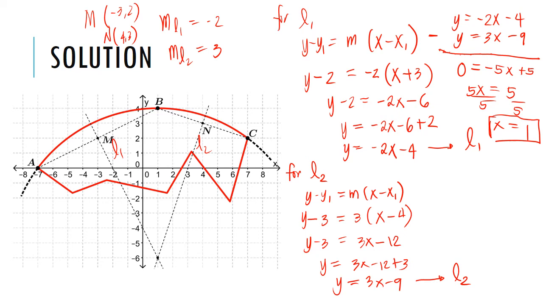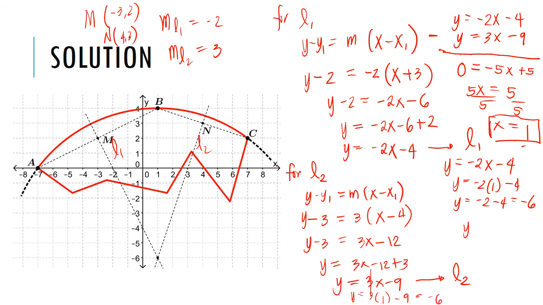So let's try L1, y equals negative 2x minus 4. Since x equals 1, we get y equals negative 2 times 1 minus 4, that is negative 2 minus 4, which is equal to negative 6. You can also do this for equation 2. If you substitute x equals 1, you get 3 times 1 minus 9, or 3 minus 9, which is negative 6.